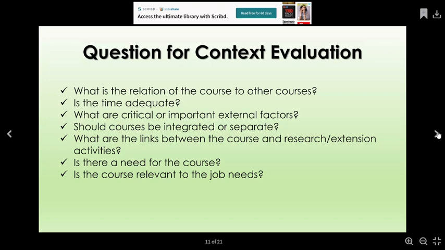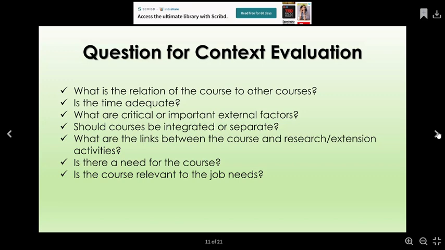The questions for the context evaluation are: what is the relation of the course to other courses? Is the time of the course adequate? What are the critical external factors for implementing that curriculum? Should it be an integrated course or a separate course? What are the links between the course and other extension activities? What is the need and significance of the course?